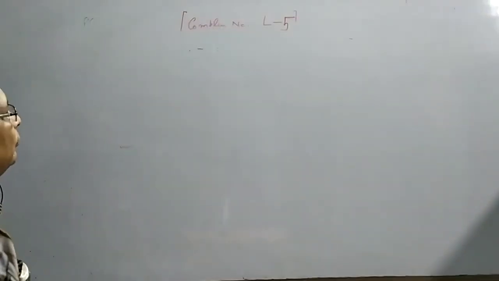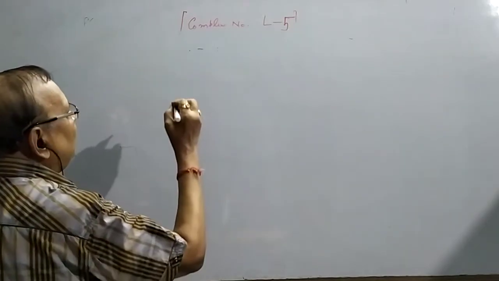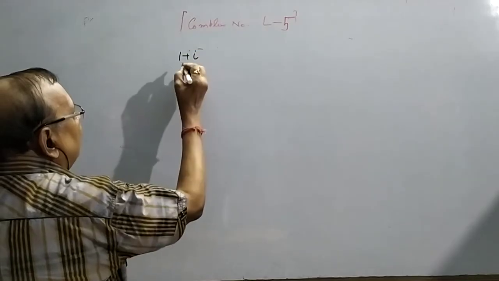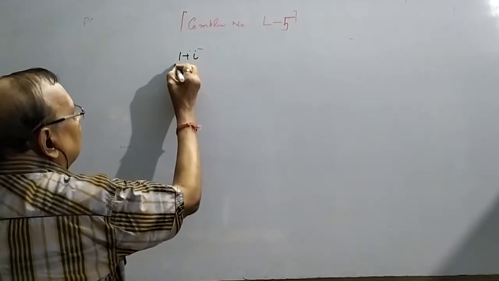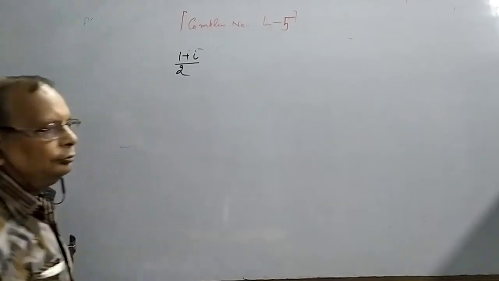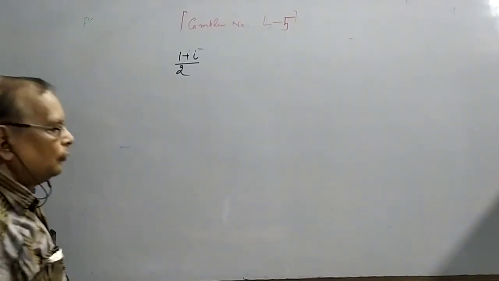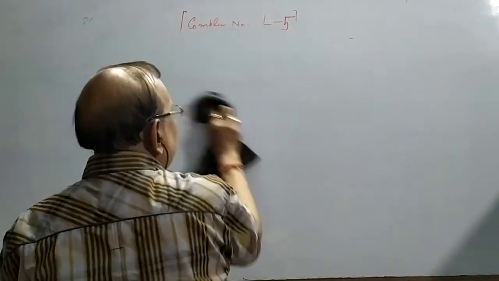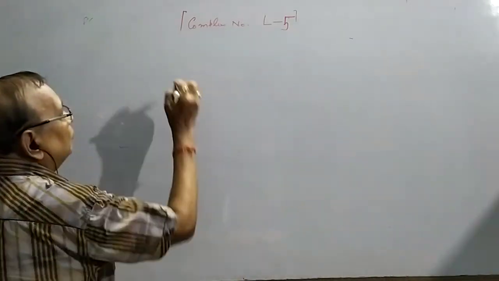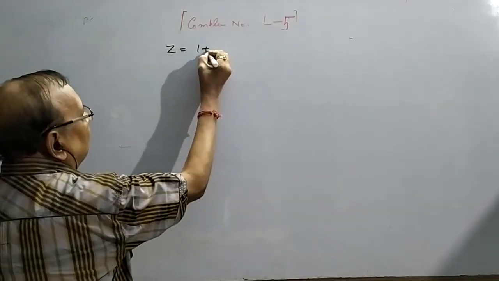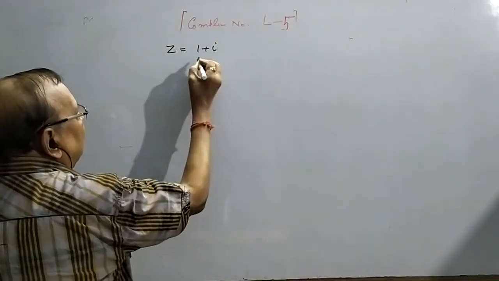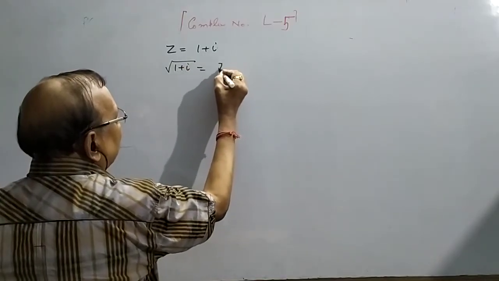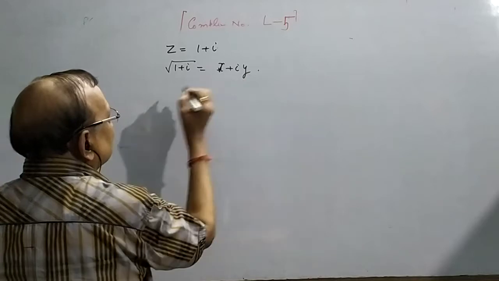I take one more example, the square root of 1 plus i. I am simply taking 1 plus i. Then the square root of 1 plus i is equal to x plus iy, squaring.